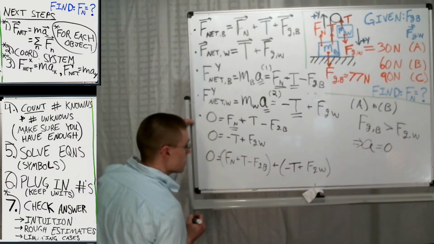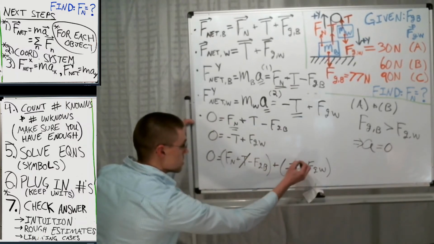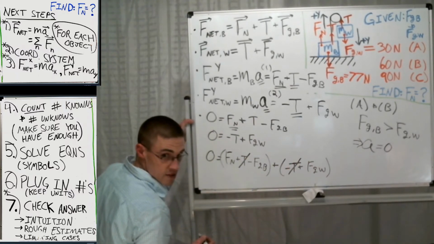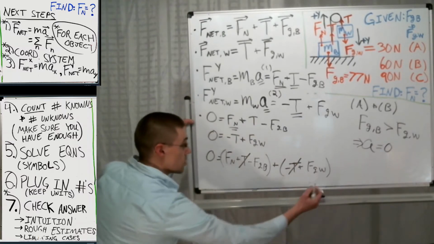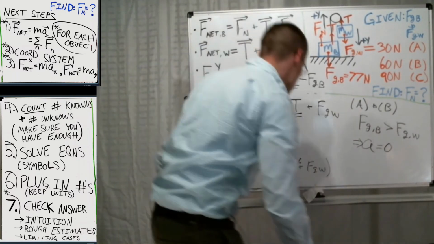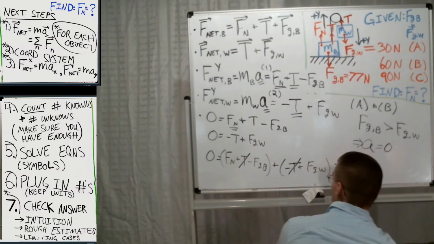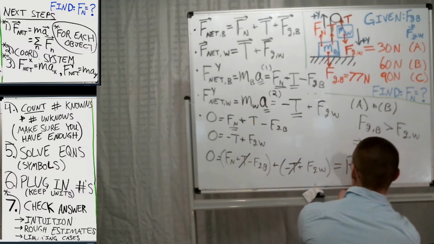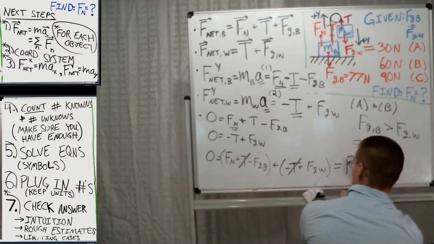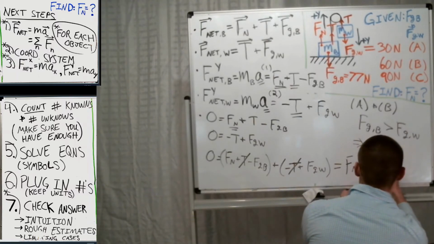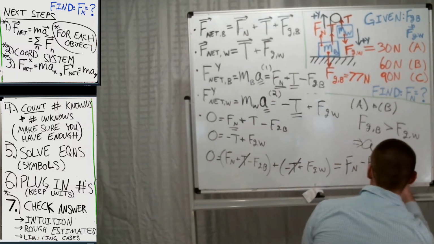Okay, now notice that the T and the minus T cancel each other out. So I get that this is equal to Fn minus FGB plus FGW.